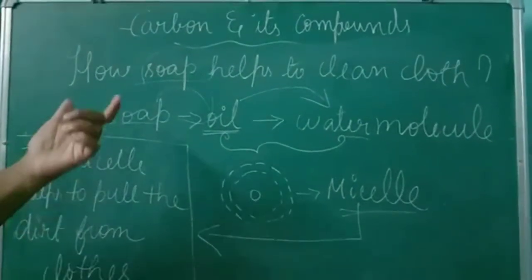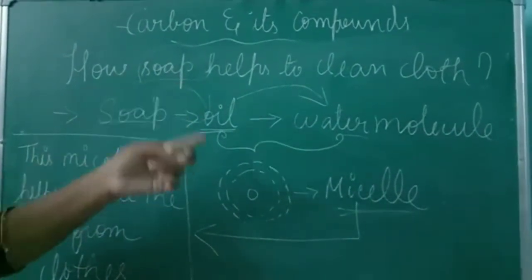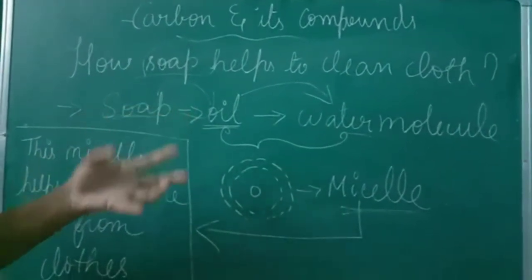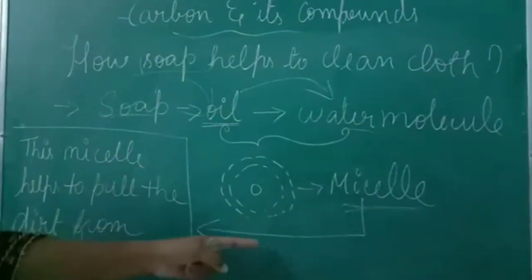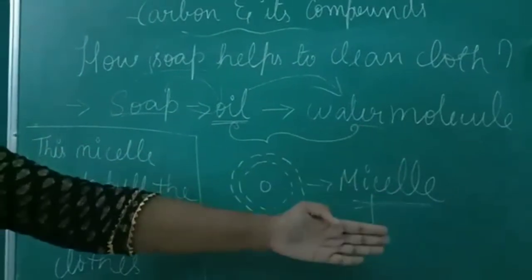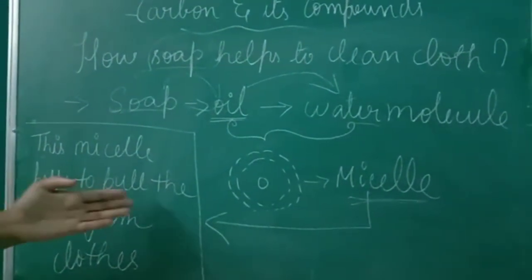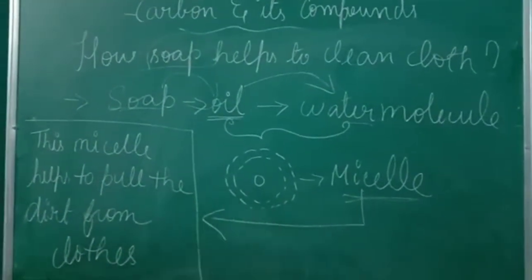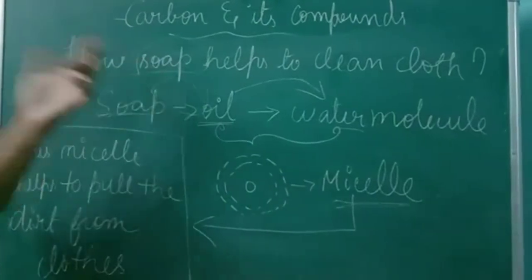So I repeat, in the preparation of soap, oil is used. This oil combines with the water molecule and forms a ring-like structure called a micelle, which helps to pull the dirt from the cloth, and hence the cloth is cleaned easily by using soap.